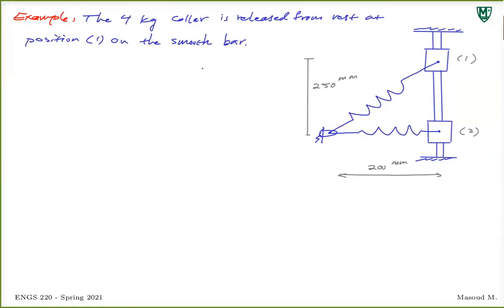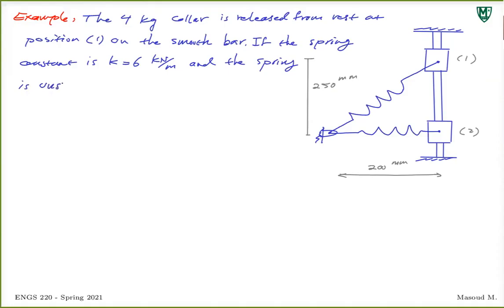We know the spring constant K is equal to 6 kilonewton per meter, and the spring is unstretched in position 2.